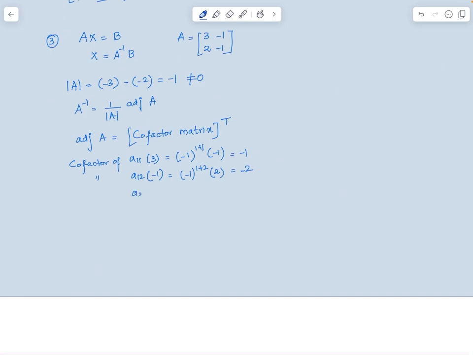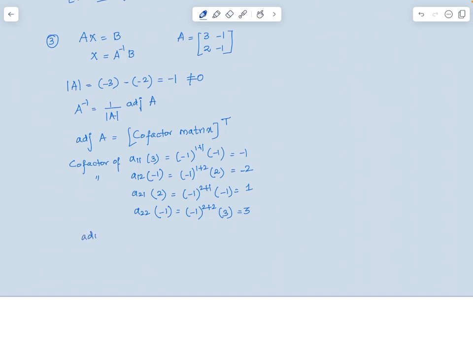Cofactor of A21, that is 2, is equal to minus 1 to the power 2 plus 1 times minus 1, which is 1, and cofactor of A22, that is minus 1, is minus 1 to the power 2 plus 2 times 3, which is 3.